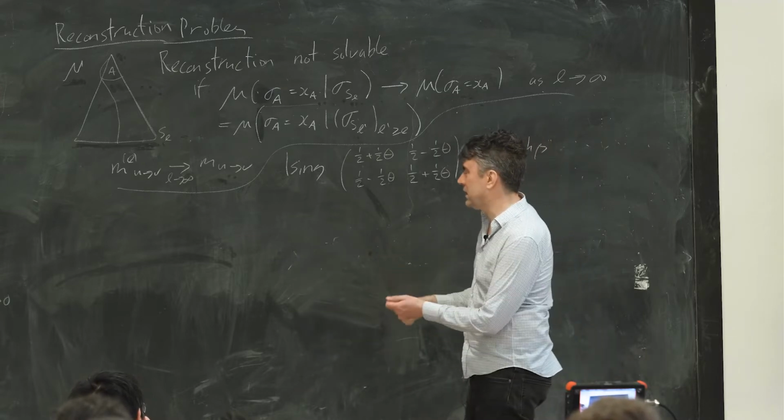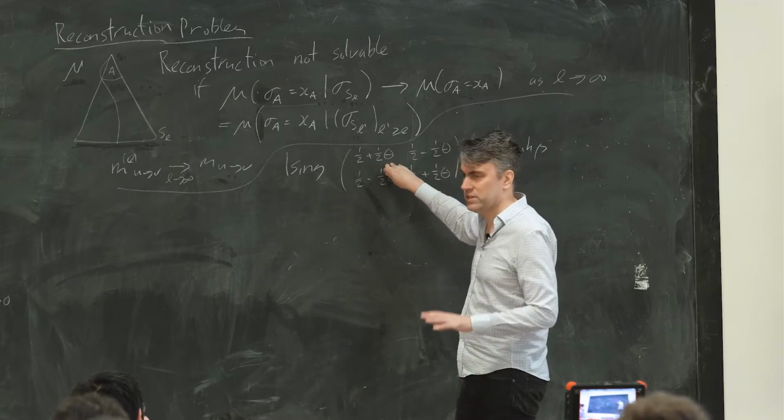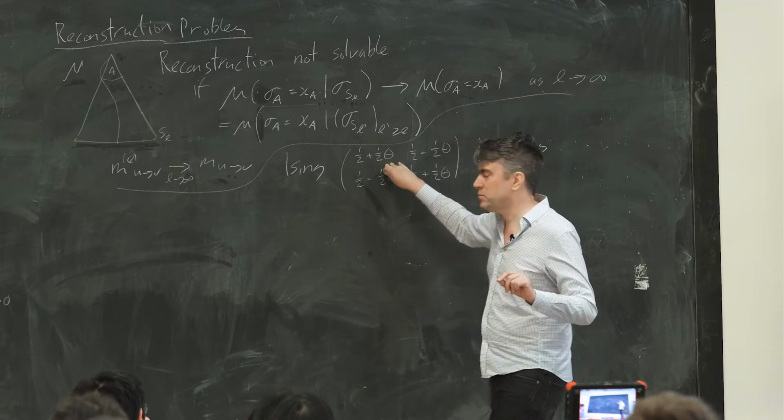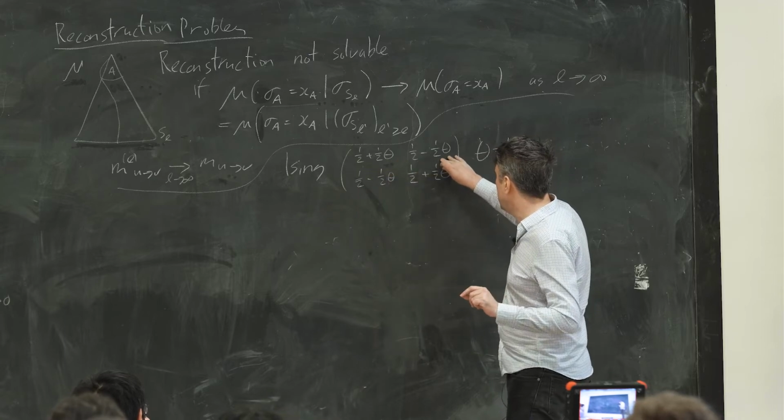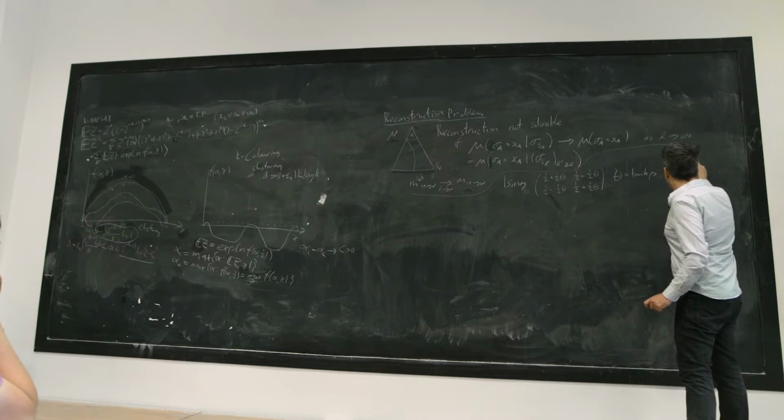So this means as you go from a parent to a child, you have a half plus a half theta chance of it being the same, and a half minus a half theta chance of it being different. The eigenvalues are 1 and theta.